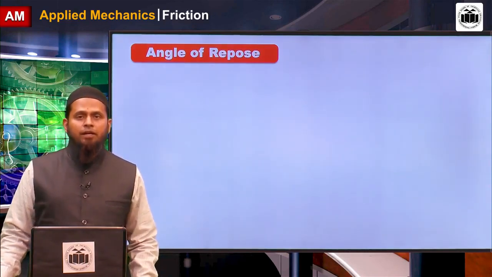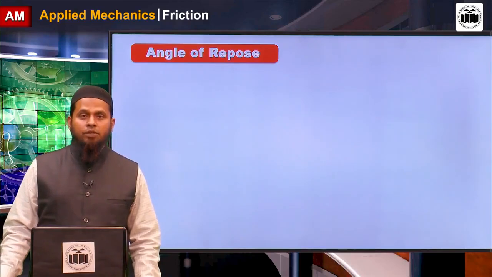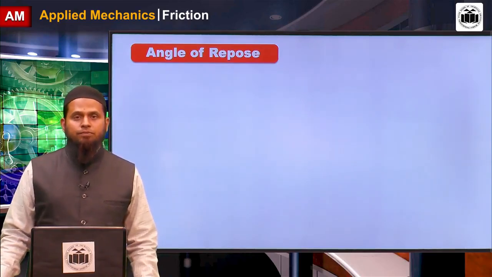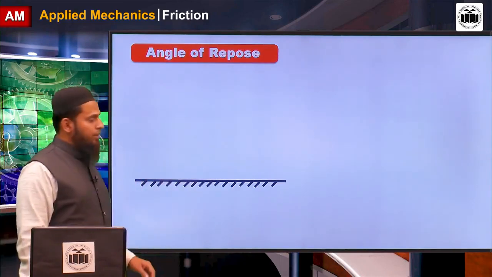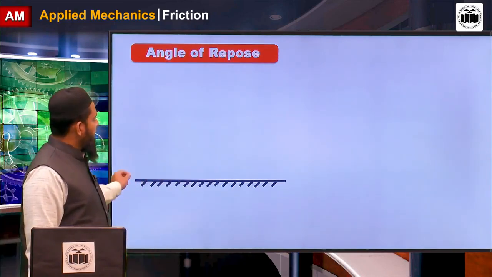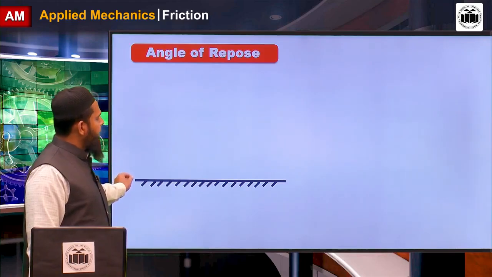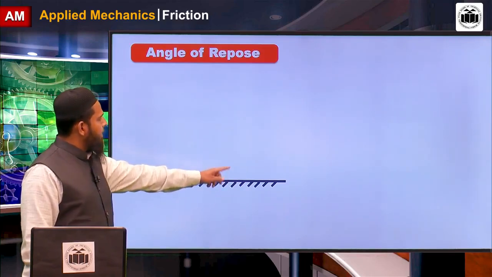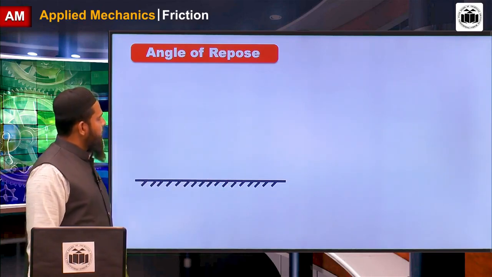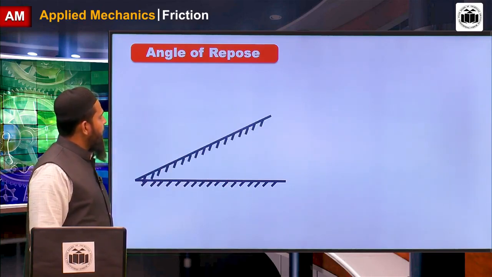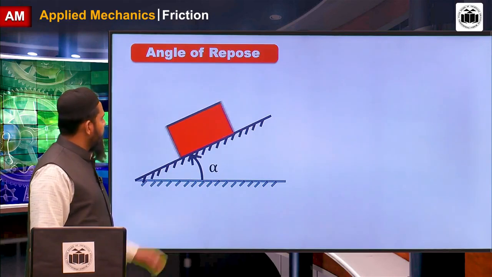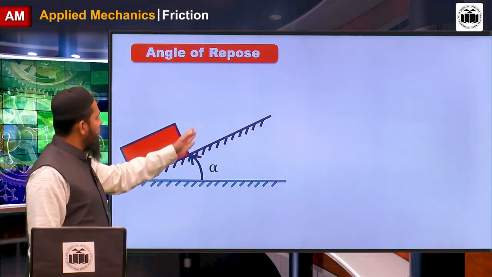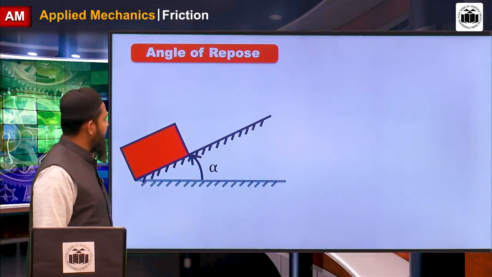Now, what do you mean by angle of repose? For this, take one horizontal plane which is rough in nature, keep one end intact and lift the other end with the block placed on it. At a certain inclination alpha, the block moves downwards, on the verge of motion in the downward direction.